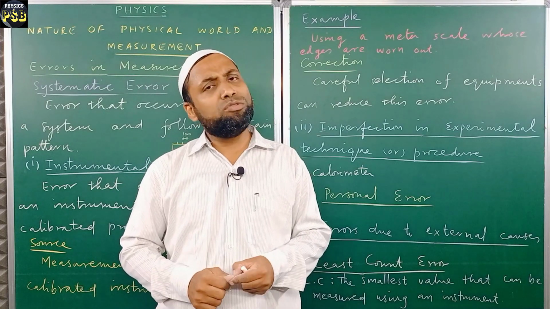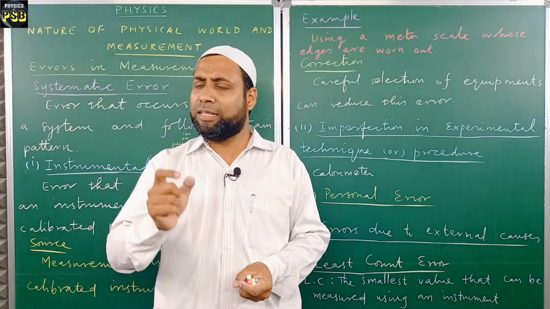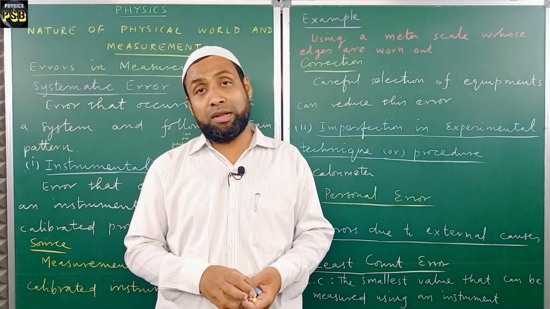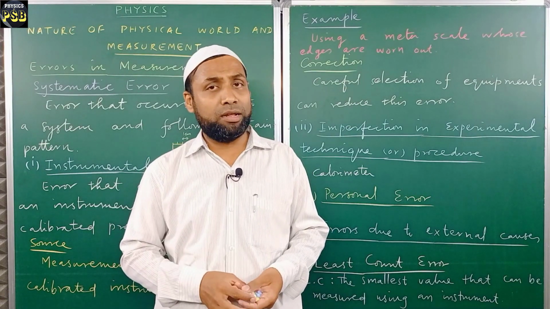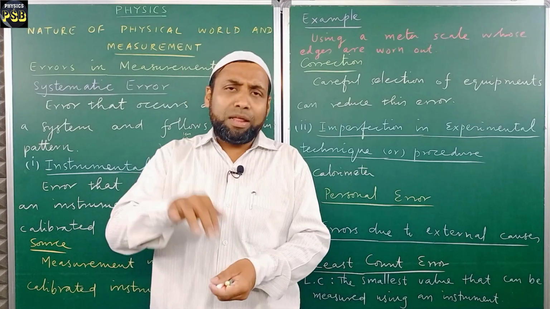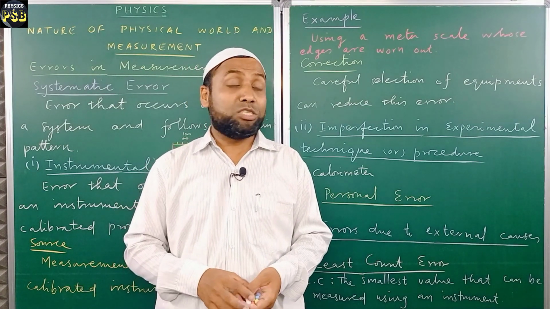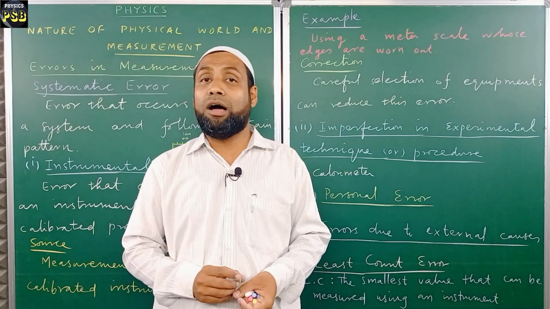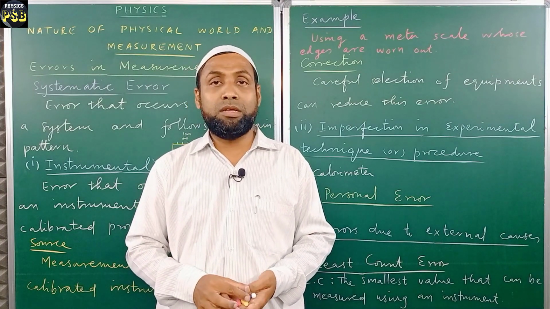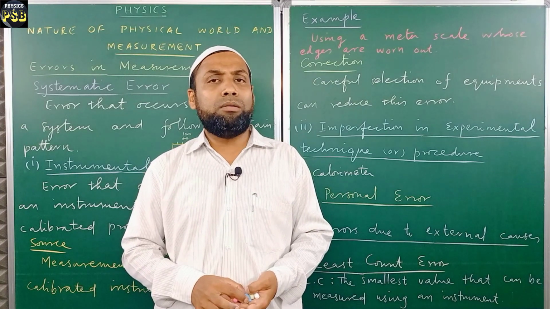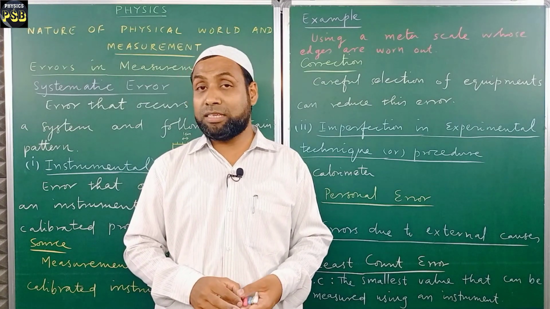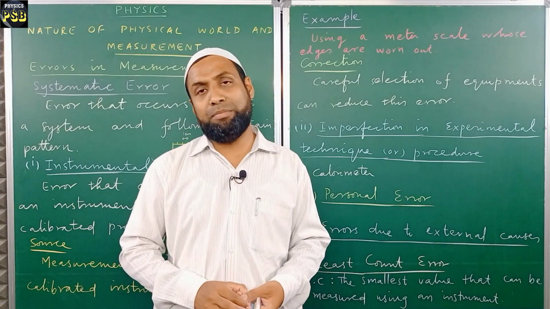In such case, if you use a meter scale, the result that you obtain will have some sort of error. If you replace the meter scale with a screw gauge, then you may get a better result, because the least count of a screw gauge is 0.01 millimeter.